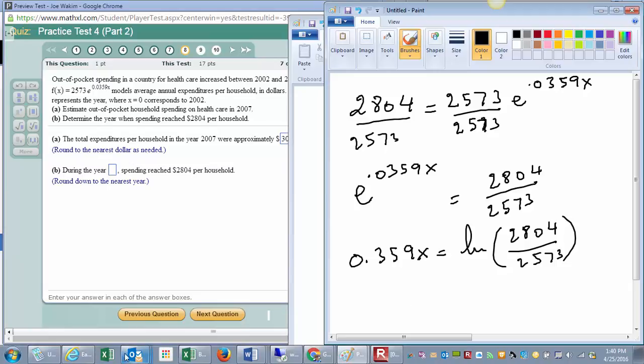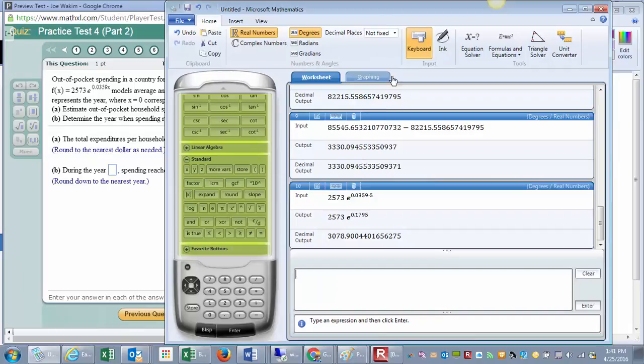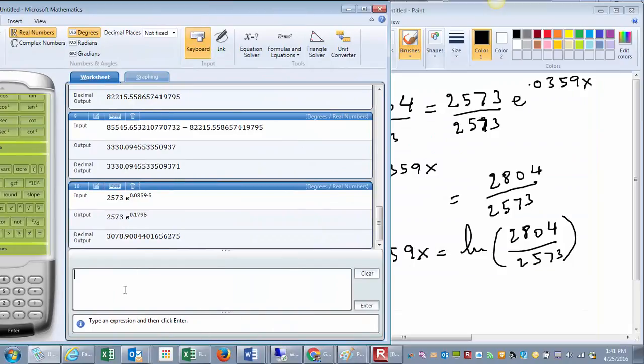Here we go. Let's try the calculator. So here we have natural log of 2804 divided by 2573.